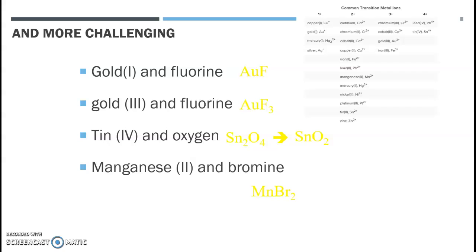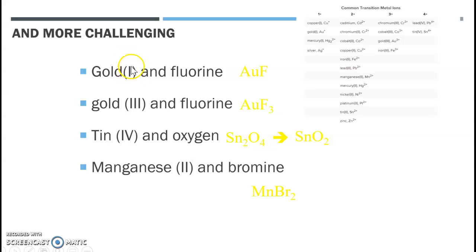One last thing to think about are these variable oxidation numbers. You're going to see a chart sort of like this, but there's a little bit more variety on the chart that you have on the back of your periodic table. But you can see that the transition metal ions are designated by a Roman numeral. But the easy part, you guys, is that the Roman numeral actually matches the charge.